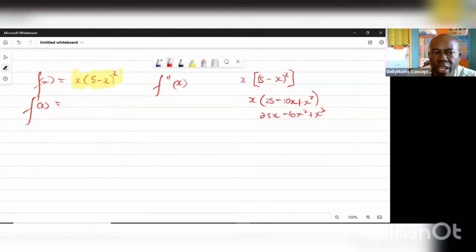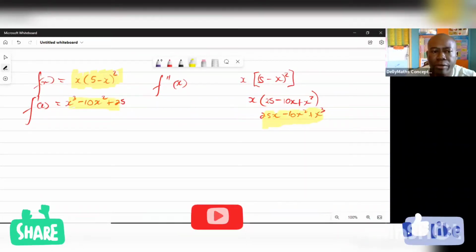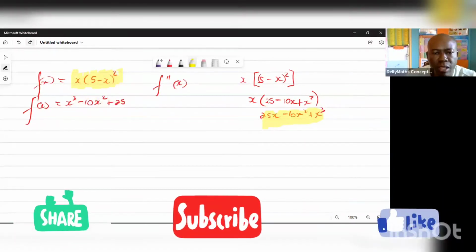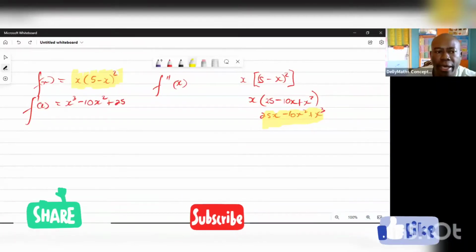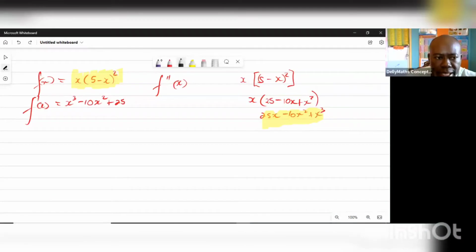We could set it up anyhow we want. So basically we are representing this here. Now we can go ahead and take the first differential. The first differential, as we know, is going to equal 3, then x raised to the second, subtracting 1 from the power.